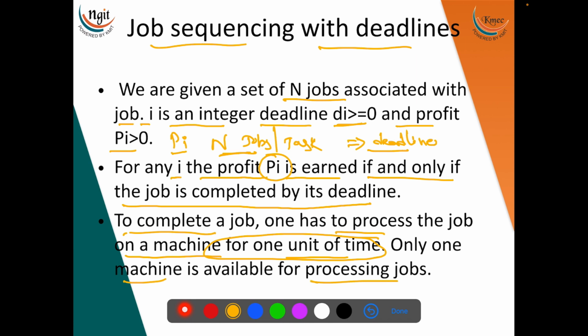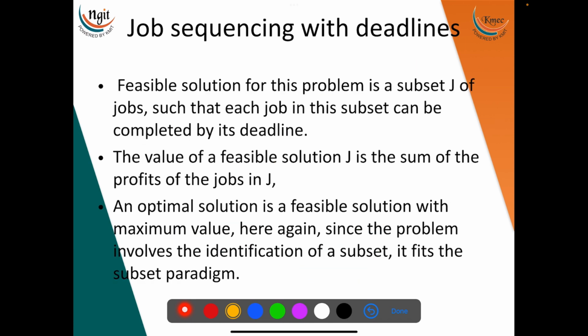So each job will take 1 unit of time, and the other constraint is we have only one machine to process all the jobs. Now a feasible solution for this problem is a subset J of jobs such that each job in this subset can be completed by its deadline. The value of a feasible solution J is the sum of the profits of the jobs in J, that is the sum over i belonging to J of pi.